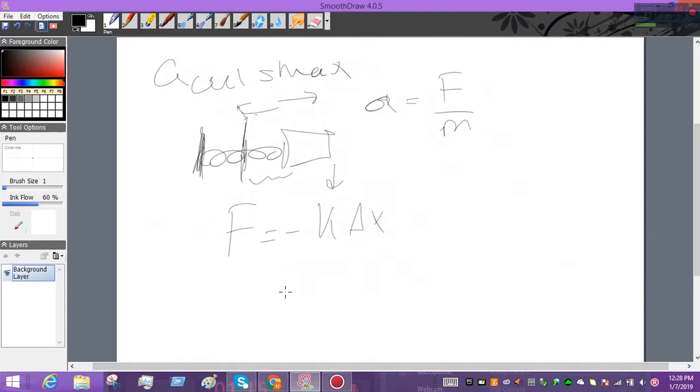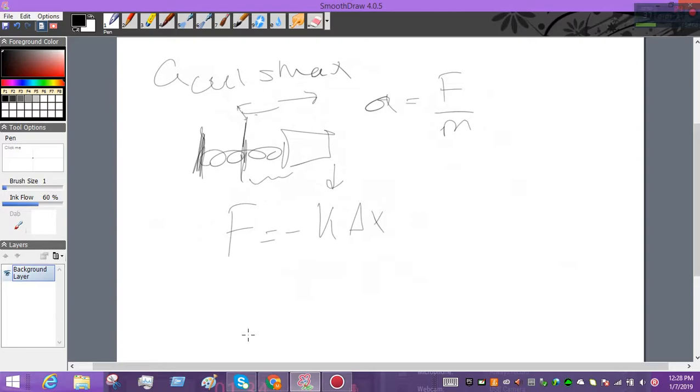So we get the biggest force and subsequently the biggest acceleration at the point where it's furthest from the equilibrium position, which is called the amplitude, the maximum distance.